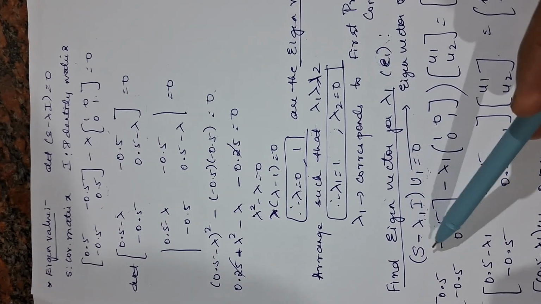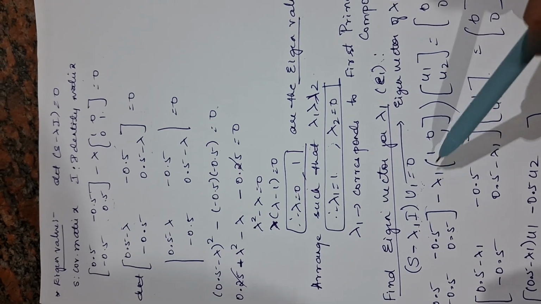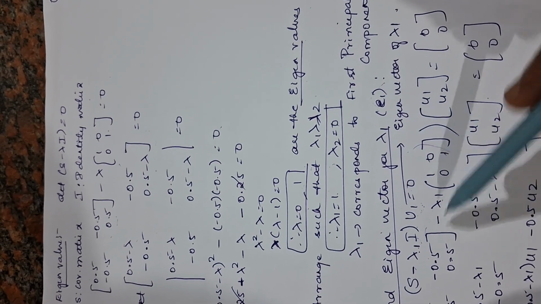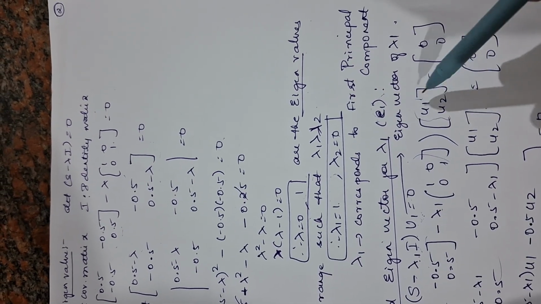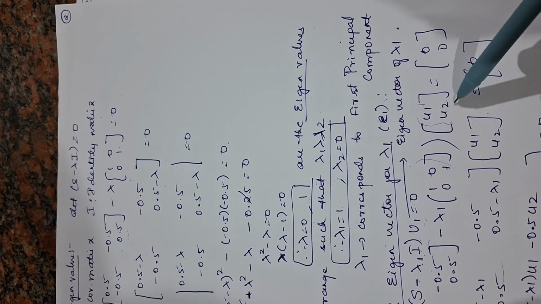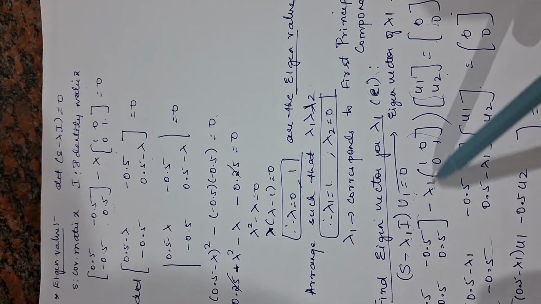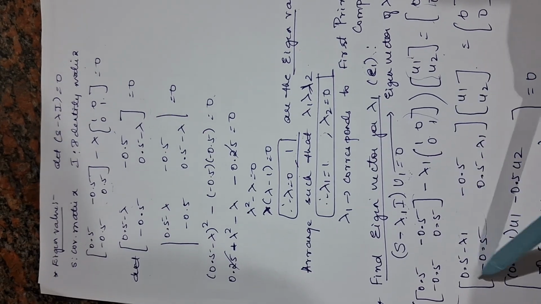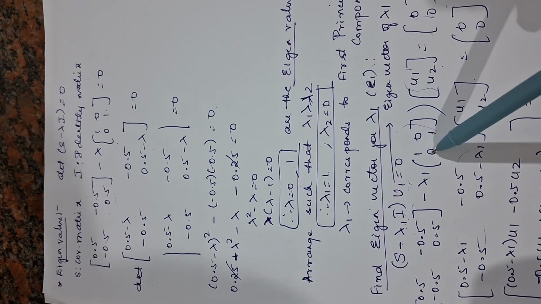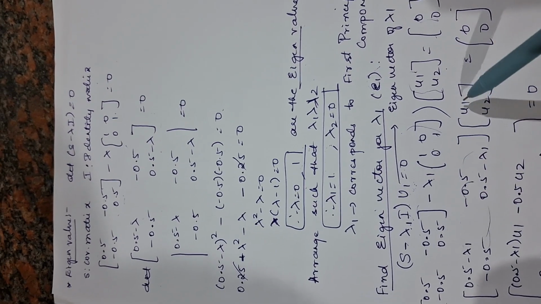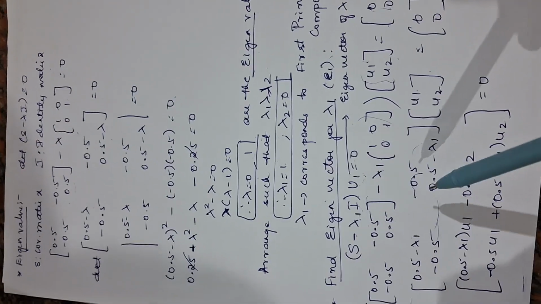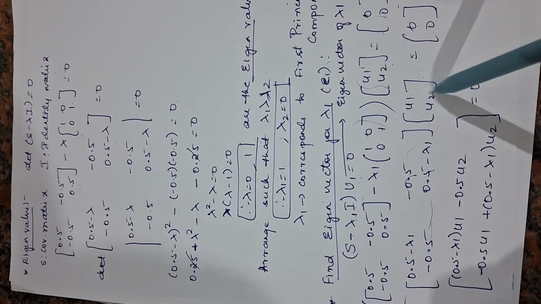When you do it for lambda 1, this is S minus lambda 1 into the identity matrix. The whole thing you have to multiply by u, and the matrix of u in this case is u1, u2 is equal to 0, 0. So just solve these two first. You get this matrix. Solve these two matrices, you get this matrix into u1, u2 is equal to 0. Now you have to multiply this matrix with this matrix.